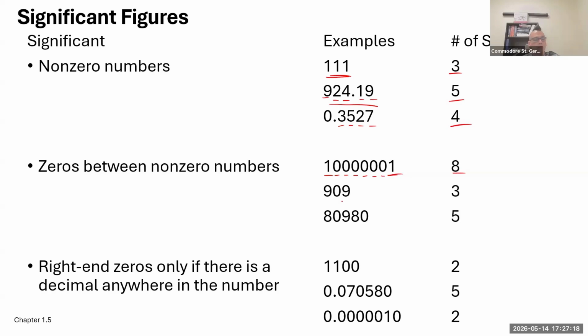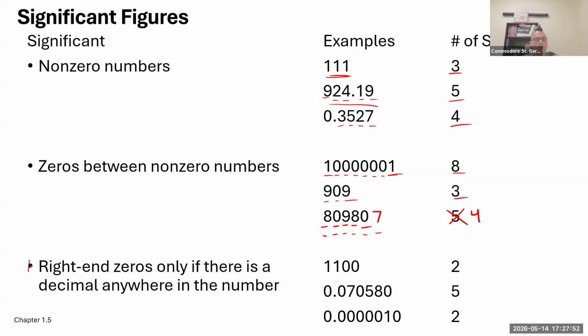We have 3 digits. The zeros between the two non-zeros: 1, 2, 3. Oops, that's not right. We only have 1, 2, 3, 4. So it should be 4. Now, if we had another digit over here, that would be 1, 2, 3, 4, 5, 6.